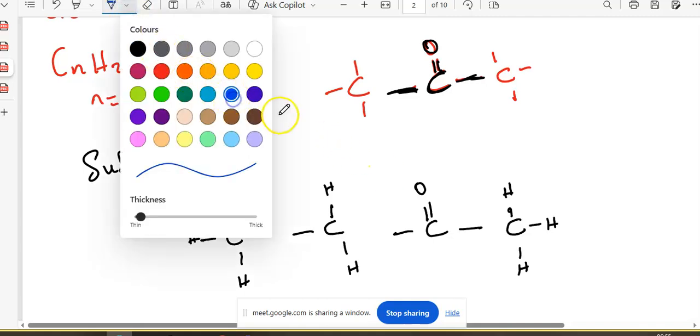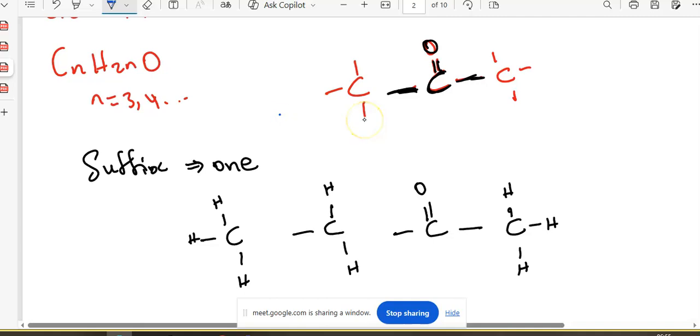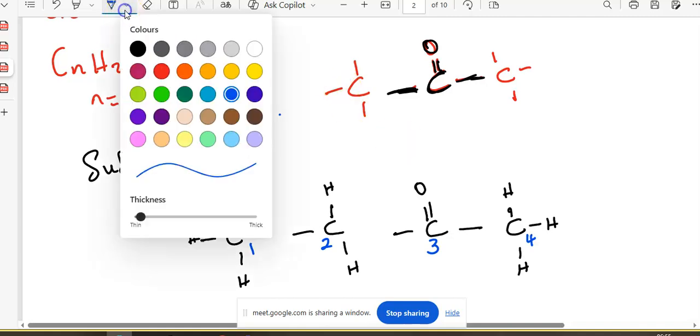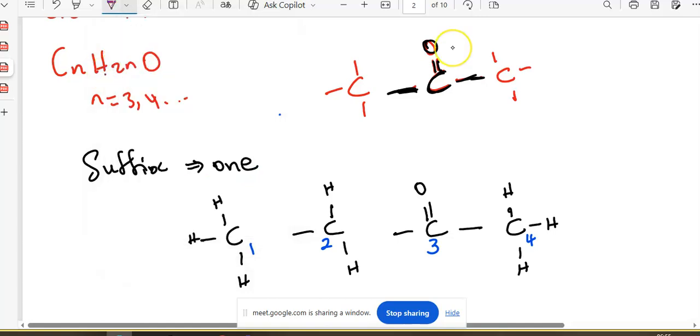So can you see that if I say this is 1, this is 2, this is 3, this is 4, that was from right to left. We need to try the naming from left to right. So this will be 1, this will be 2, this will be 3, this will be 4. This is our functional group.